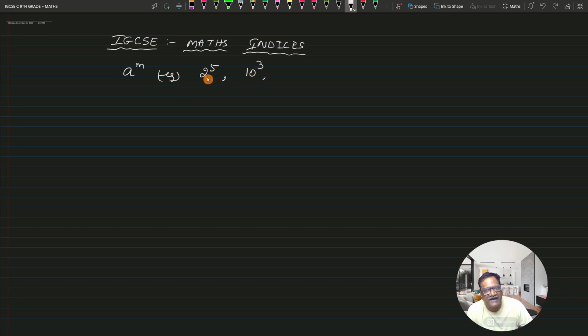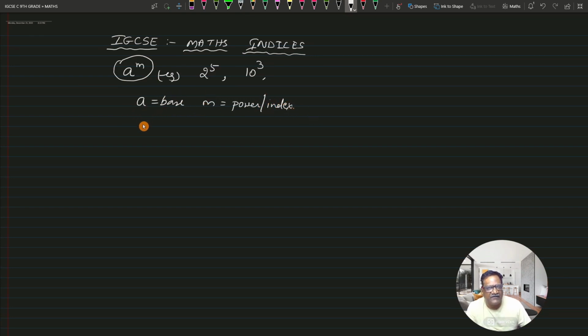Any number raised to another number is known as indices. So a raised to m is a general form of indices. This a is known as the base and m is known as the power. You can call it power or index, as you wish.